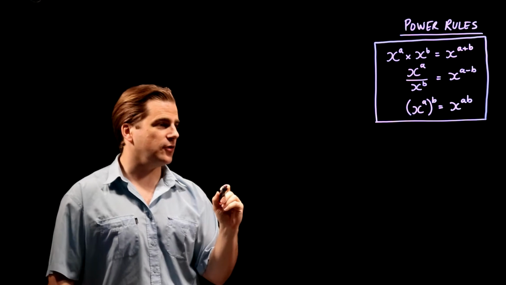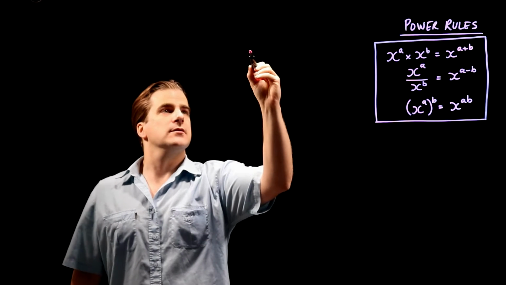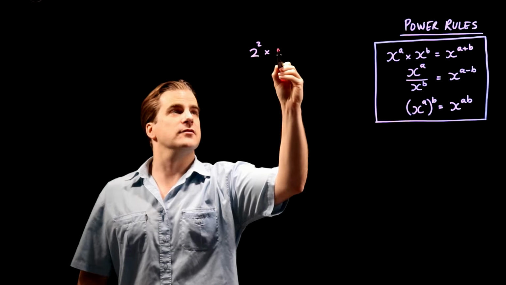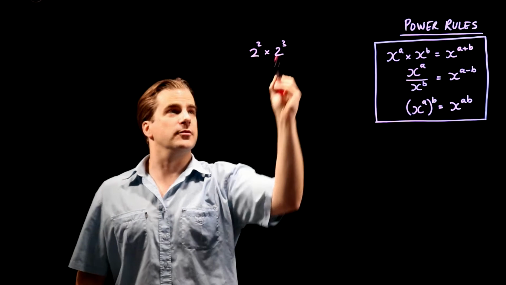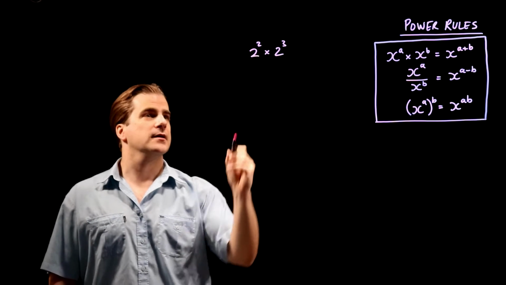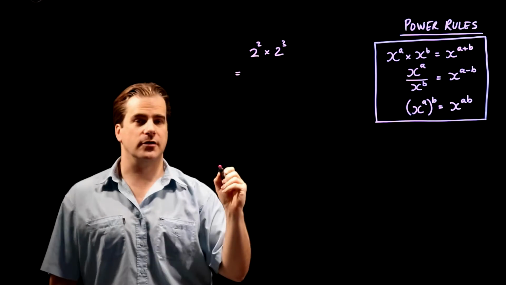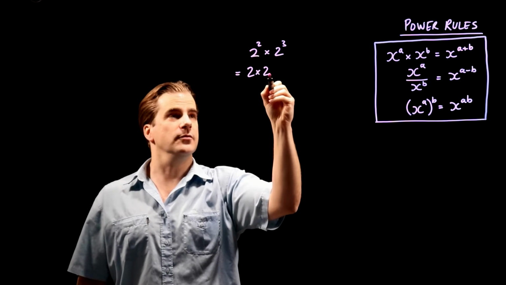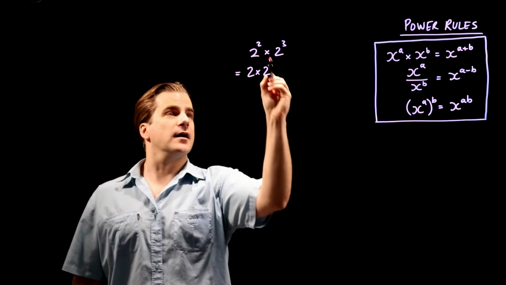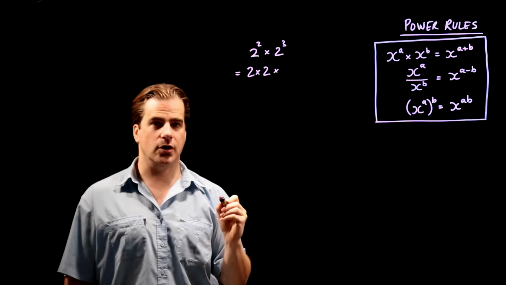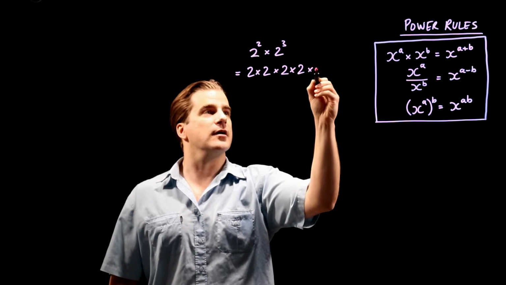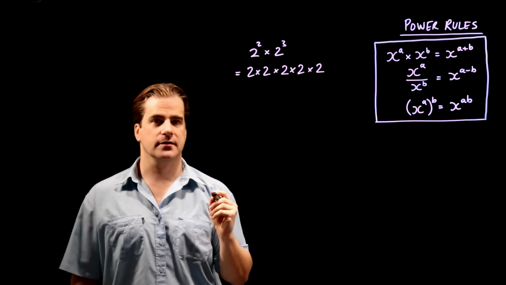Now, you know how to do, for example, 2 squared times 2 cubed, okay? 2 squared is 2 times 2, okay? Times 2 cubed is 2 times 2 times 2, right?